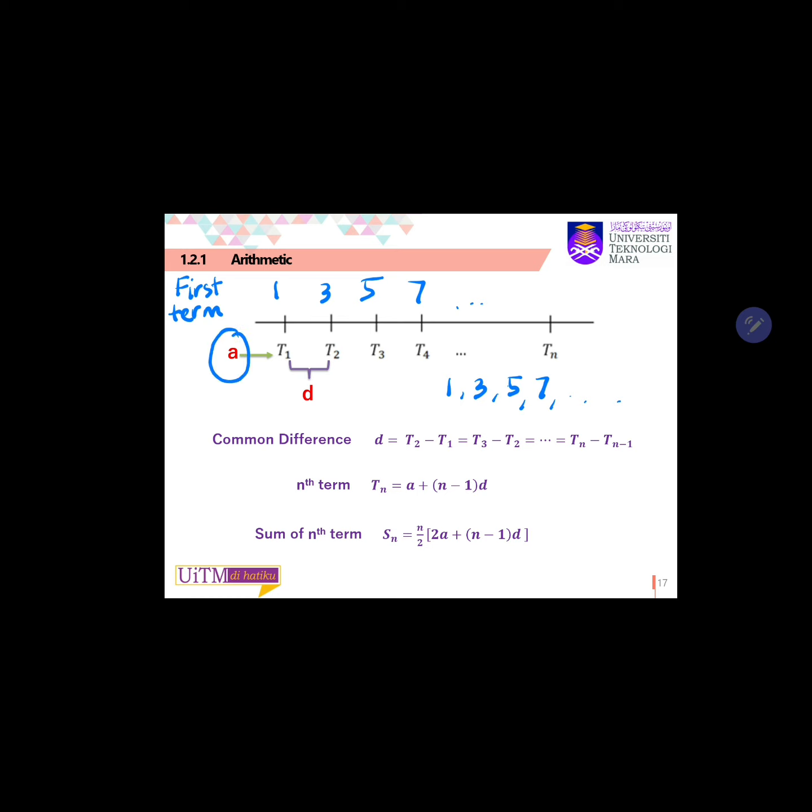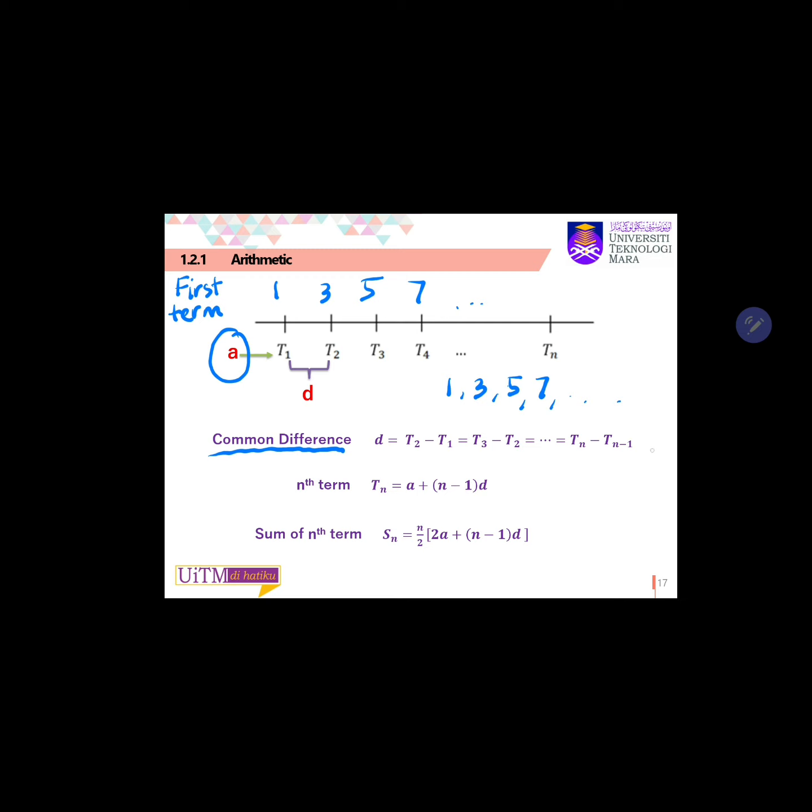Okay, then in an arithmetic sequence, we have a common difference. So what is the common difference? The common difference is the difference between T2 and T1, or T3 minus T2. You take the second term minus the first term, the third term minus the second term.